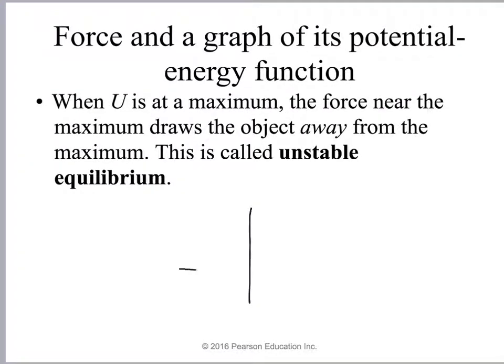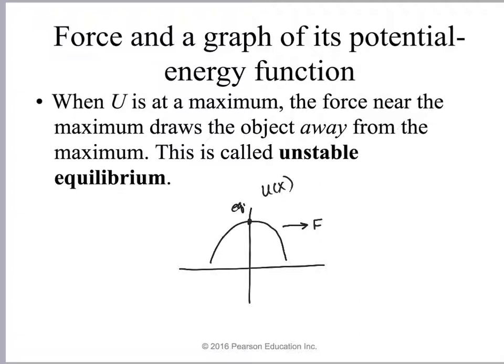Similarly, or in contrast, if we had something more like this for our potential energy function, and this would be my equilibrium point, right here where the slope is 0, we could see here on the right-hand side, the slope of this graph is going to be negative, which means the force would be positive, and so it would be to the right.